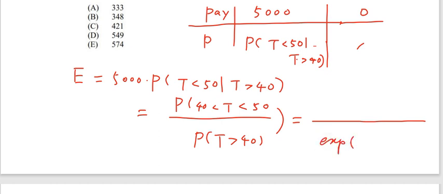So just 1 minus the CDF at 40, which is the exponential with 1.140 over 1,000, right?